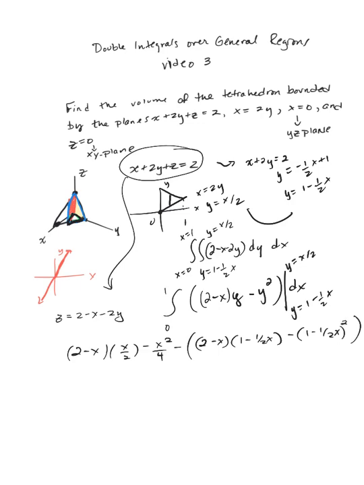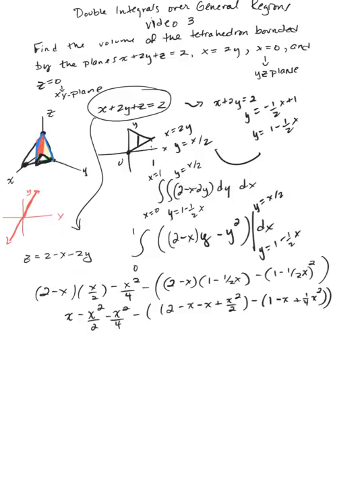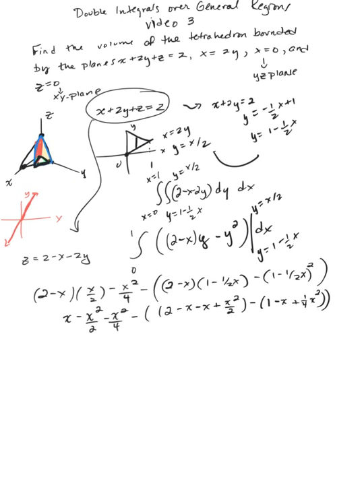All right, so I'm going to pause and do a little algebra, and then I'll be right back. So you have to be very careful with the negatives here. So first I distributed x over 2 to 2 minus x. So that gave me x minus x squared over 2. Kept this, x squared over 4. Now this is going to be minus this entire quantity here.